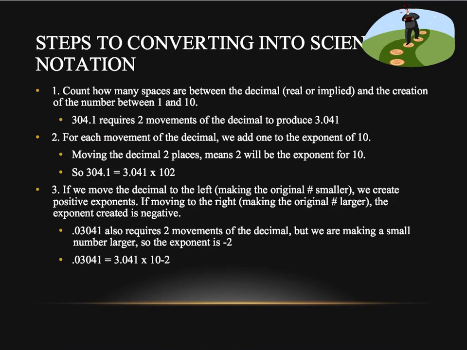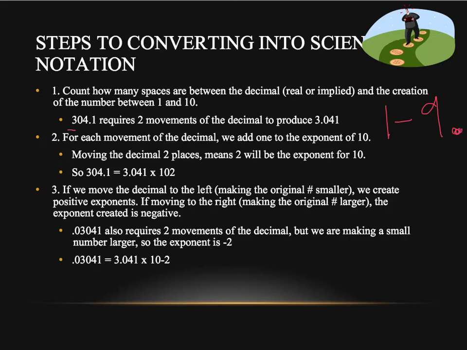Some of the basic steps for converting into scientific notation: you count how many spaces there are between the decimal, which always comes after a number between 1 and 9, right? You have a single digit, 1, 2, 3, 4, 5, 6, 7, 8, or 9, and then you will place a decimal for scientific notation.